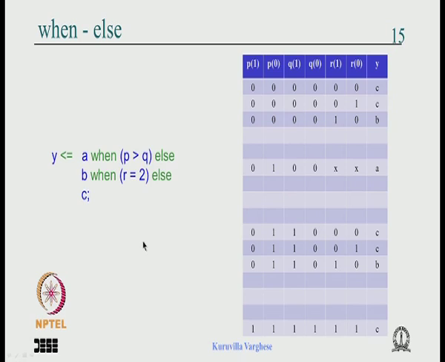But as far as the synthesis tool is concerned, it is going to look at P greater than Q, and there is an operator greater than, so it goes to the library and picks up the greater than operator, which has already been written as a synthesizable code showing the structure of an input greater than some other input. That will be replaced; the synthesis tool will plug in that circuit here.